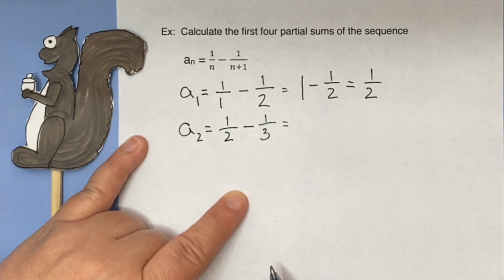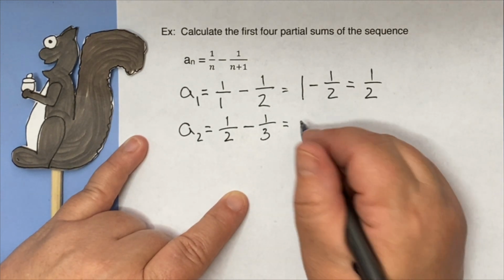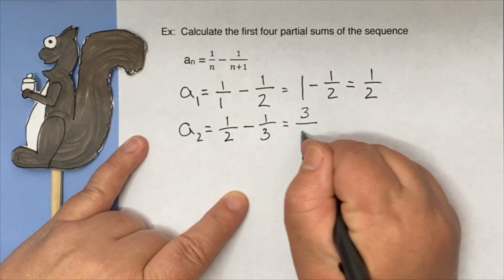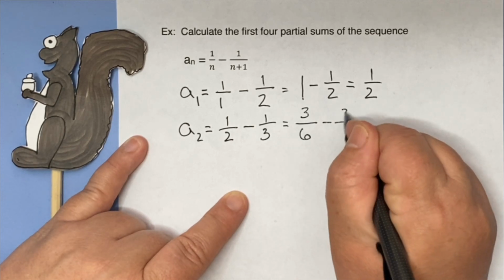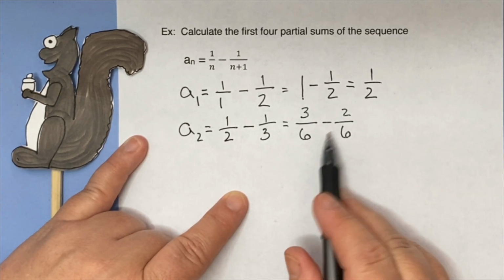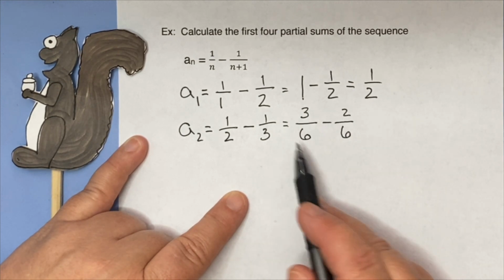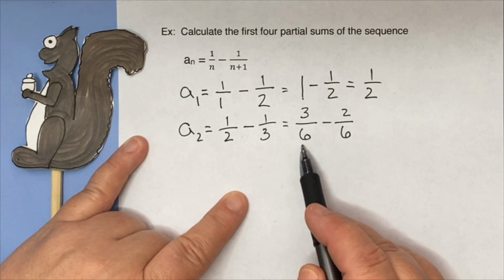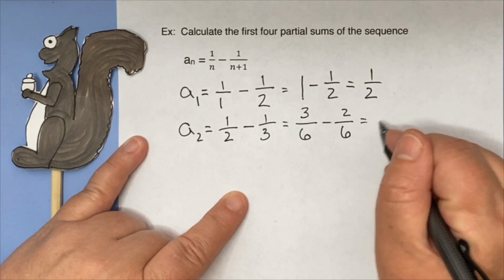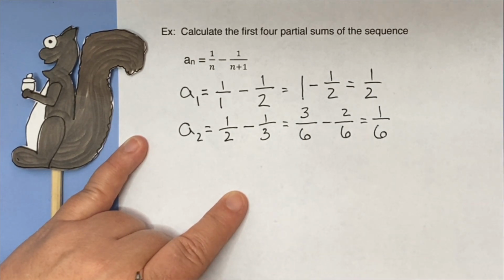Now we're going to need to put them in sixths. I know, nobody's favorite. 3 out of 6 minus 2 out of 6. If you're not sure about this, talk to me. Talk to a tutor. Practice with your fractions. 3/6 minus 2/6, 1/6.